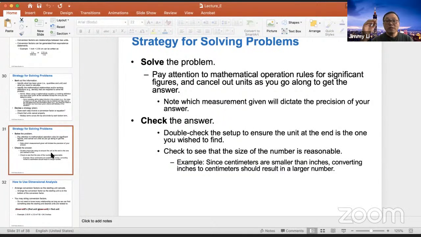1 week equals 7 days. If I'm asking you to convert from number of days to number of weeks, then we know our conversion factor is 7 days equals 1 week. Then you're thinking, shall I write 1 week over 7 days, or 7 days over 1 week?